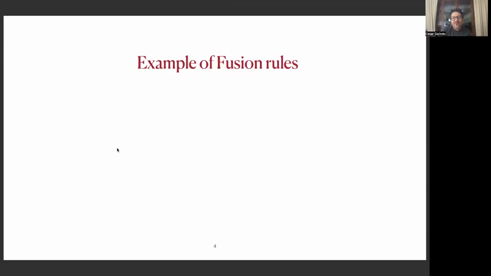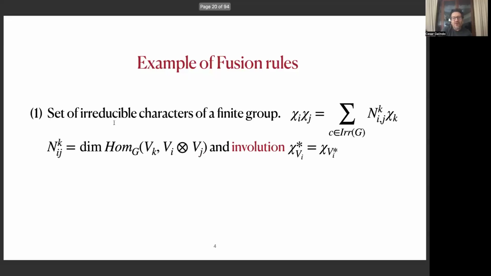What are some examples of fusion rings or fusion rules? Well, I think the basic one that perhaps most of us have in mind is the set of irreducible characters. Suppose that you have a finite group and you consider finite dimensional complex representations. Then you have associated characters, and in particular irreducible characters.